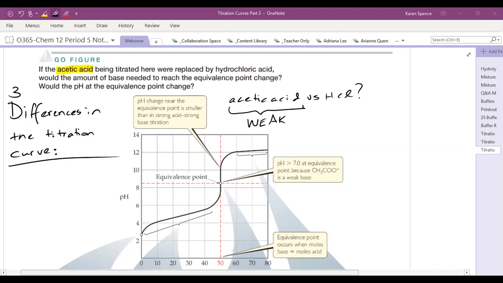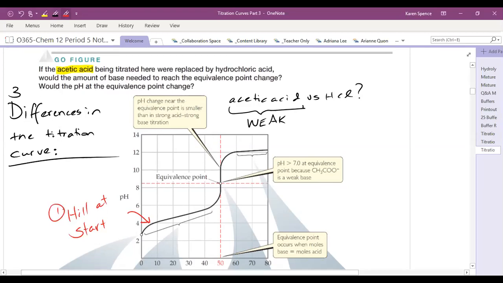Yes, we have that little hill at the start. So number 1, there's a little hill at the start.